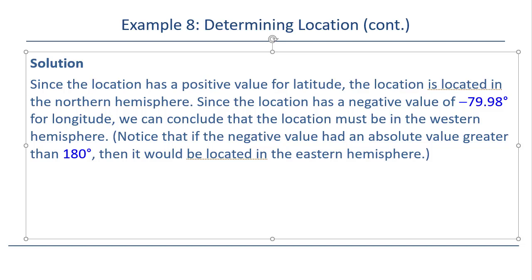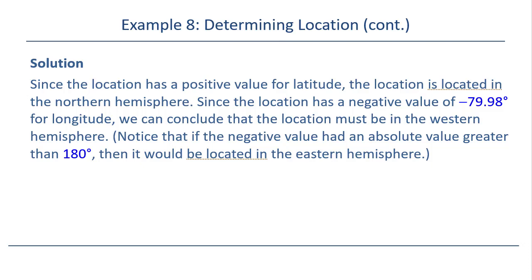So if it was more than that, then you've actually gone all the way around, and you would be in the eastern hemisphere at that point. But instead of saying negative 200 degrees, we would just say it was positive, the difference, positive 160 degrees east. So it's normally not done. Think of it that way.